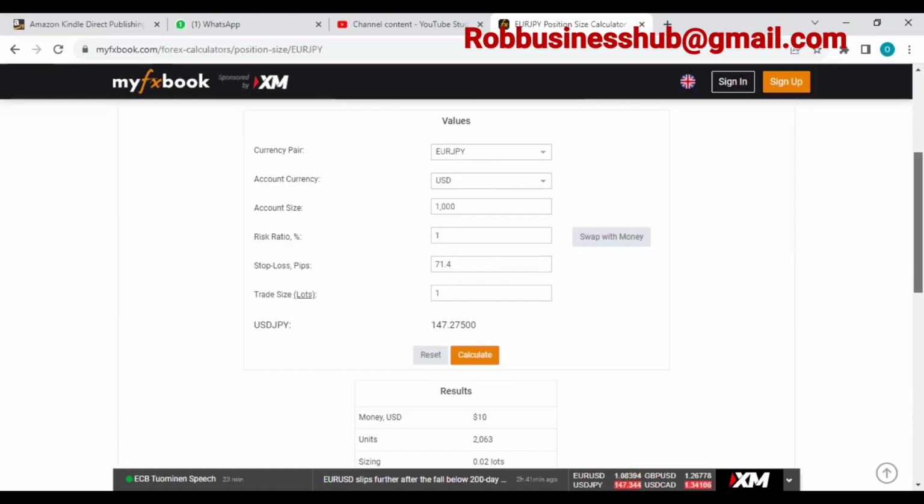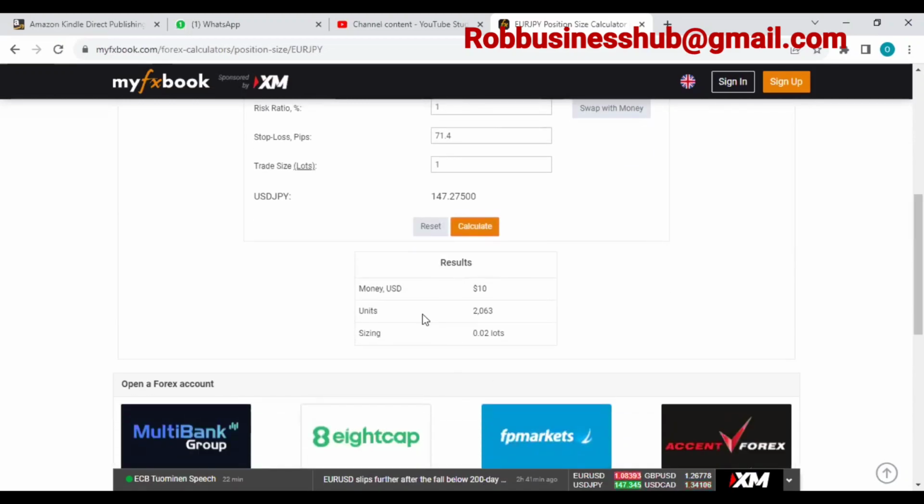Now, when you click on calculate, if you come under, you see we are risking just $10 because that is 1% of $1,000. And if we are to risk just $10 from our account, which is 1% of $1,000, then we must use 0.02 lot size.